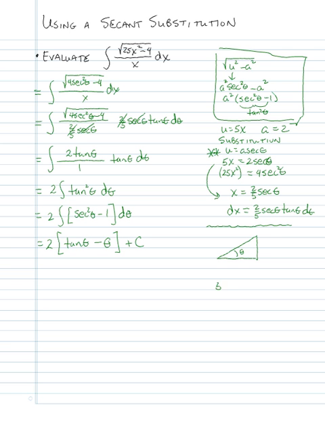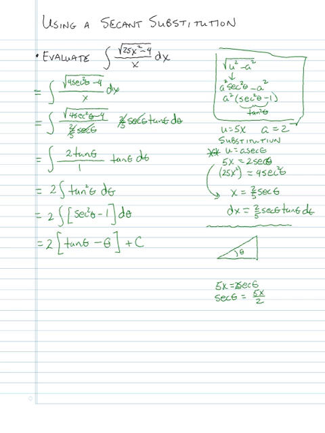That 5x is equal to 2 secant theta, excuse me, 2 secant of theta, my bad. So when we solve for secant of theta, we divide both sides by 2, we get secant of theta is 5x divided by 2.